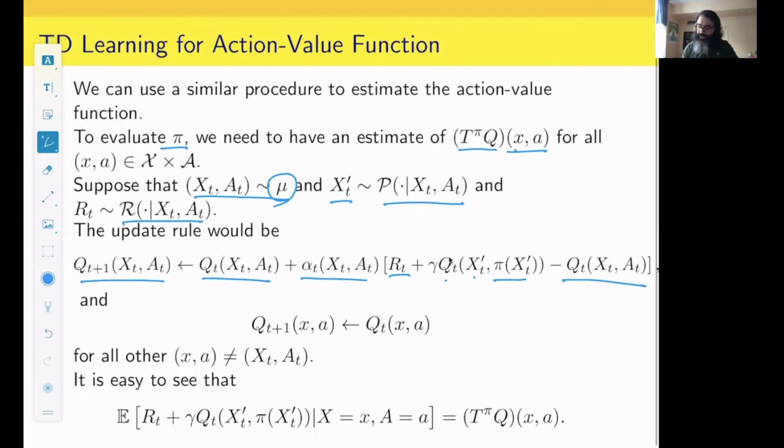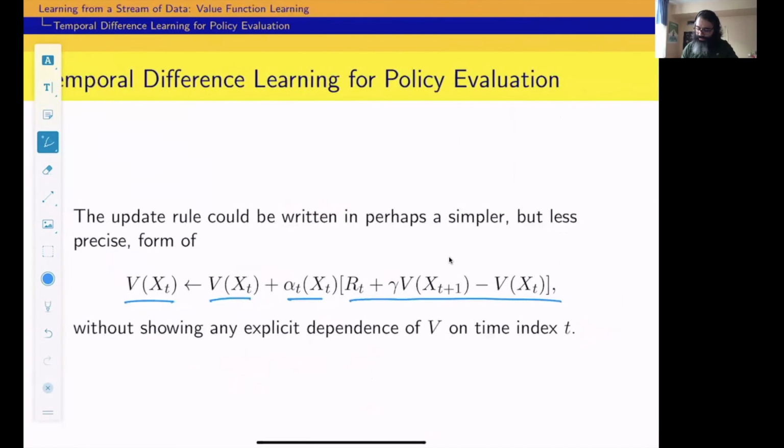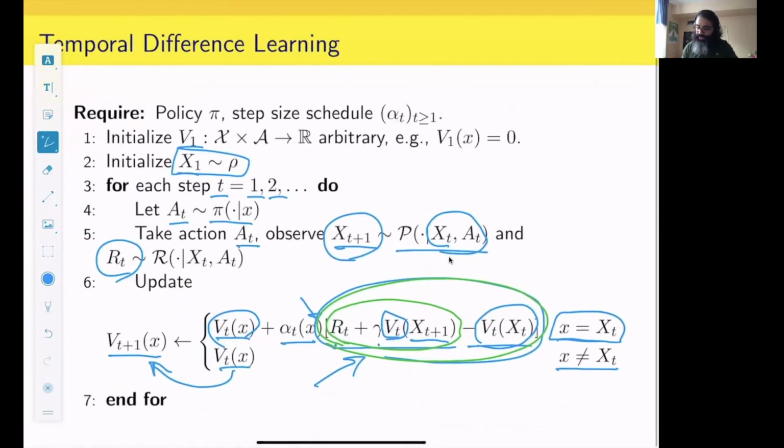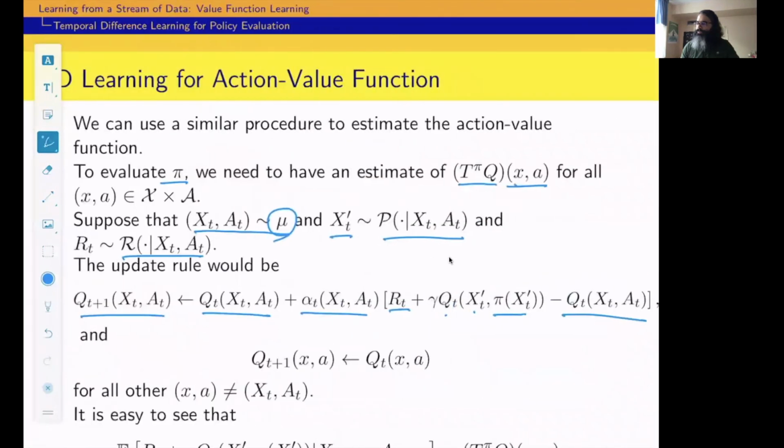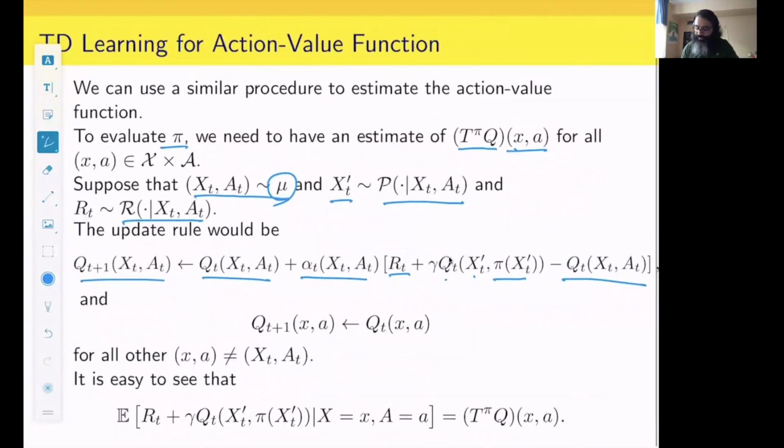You see that this is very similar to the previous case, with the difference that instead of V of state, I have Q at state and action. And I don't update Q_{t+1} for state-action pairs that are not observed. Very similar to before, the conditional expectation of R_t plus gamma Q_t at the next state is going to be T^pi Q at x and a. So this is a noisy version of the effect of the Bellman operator applied to Q.